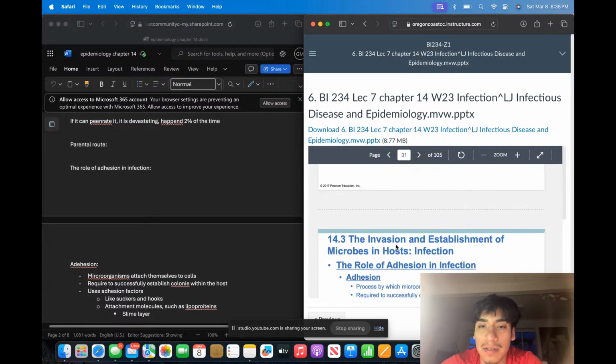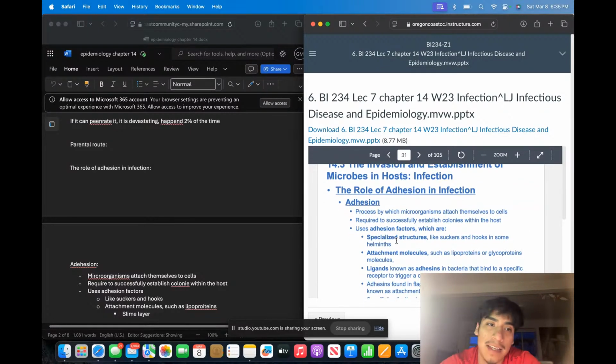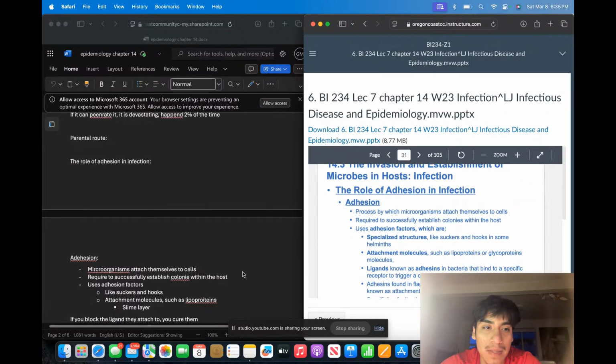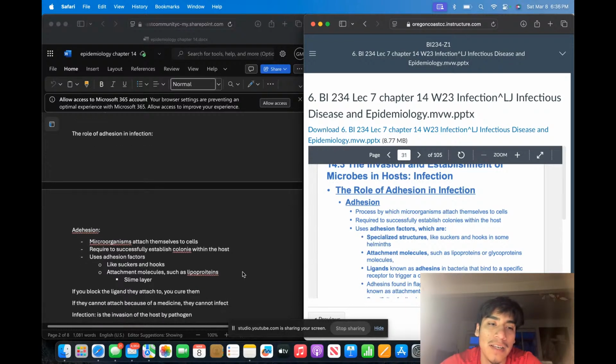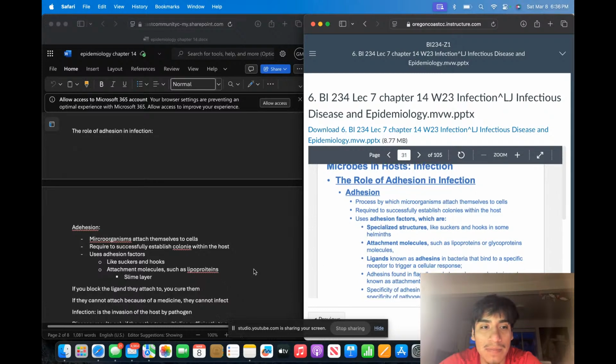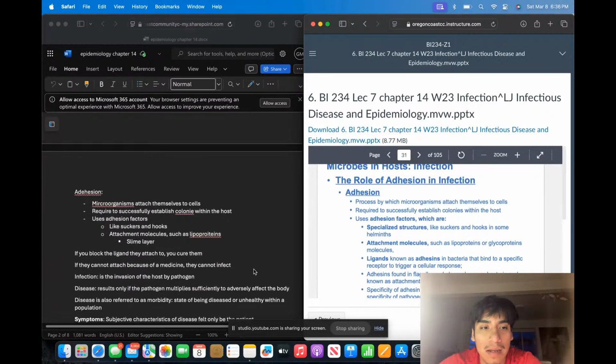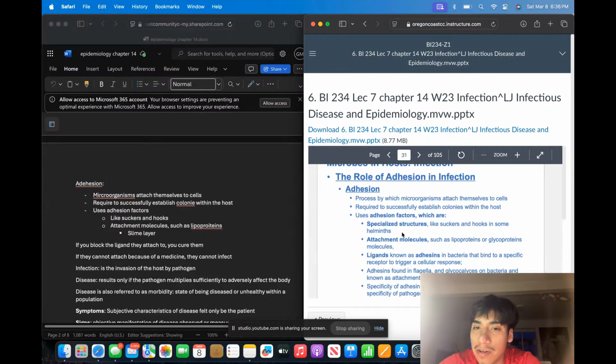Let's keep going down. The role of adhesion in infection. Adhesion, we kind of know this. Microorganisms attach themselves to cells, and they have to attach. This is required to successfully establish a colony within the host, and there are adhesion factors which help them adhere to cells, like specialized structures such as suckers or hooks, and attachment molecules such as lipoproteins or glycoproteins.